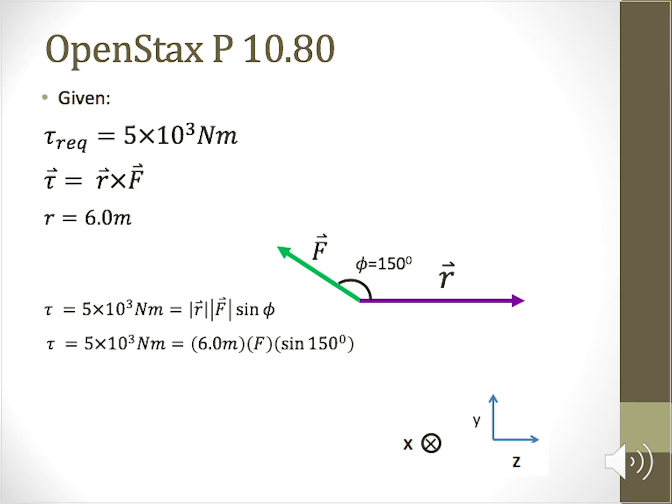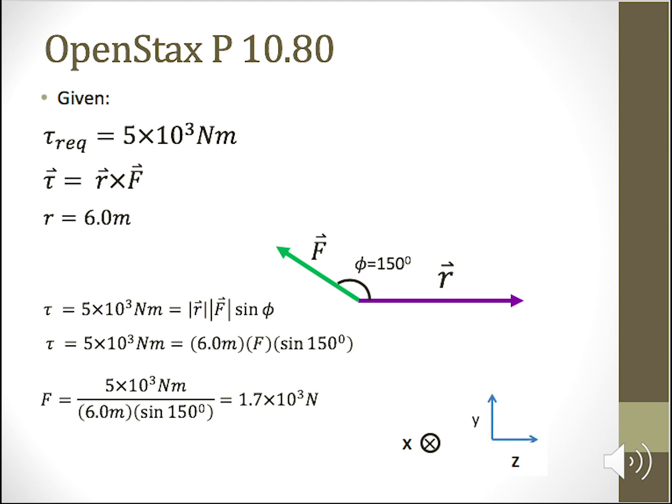And plugging numbers in here, we've got 5,000 newton meters is equal to 6 sine 150 times F. And now rearranging the numbers gives 5,000 over 6 sine 150. But sine 150 is 0.5, and so we've got 5,000 divided by 6 times 0.5, which is 5,000 divided by 3 to give our final answer.